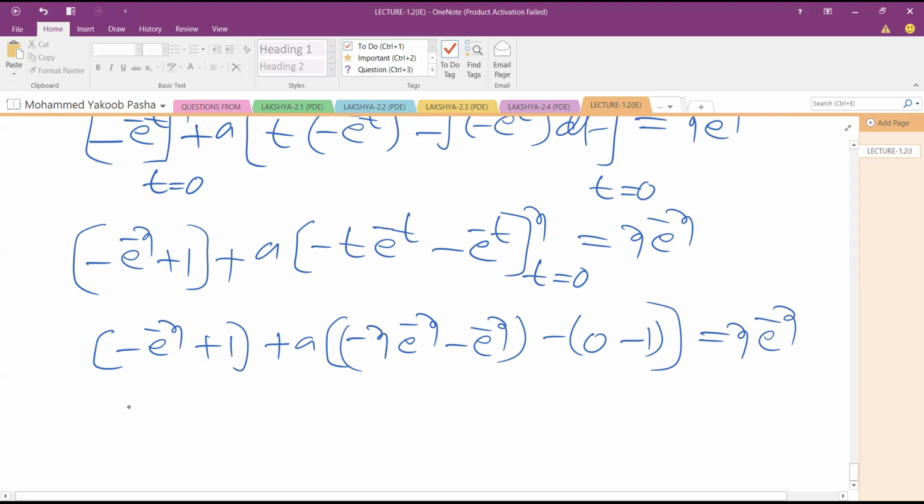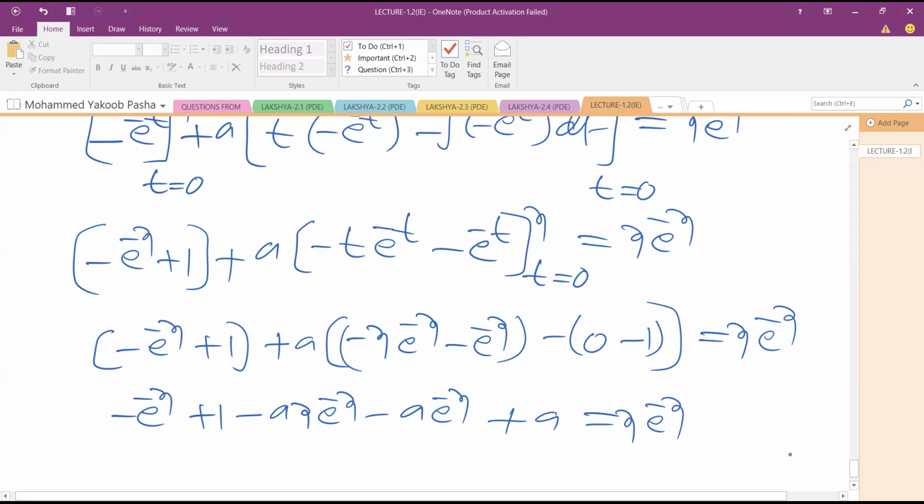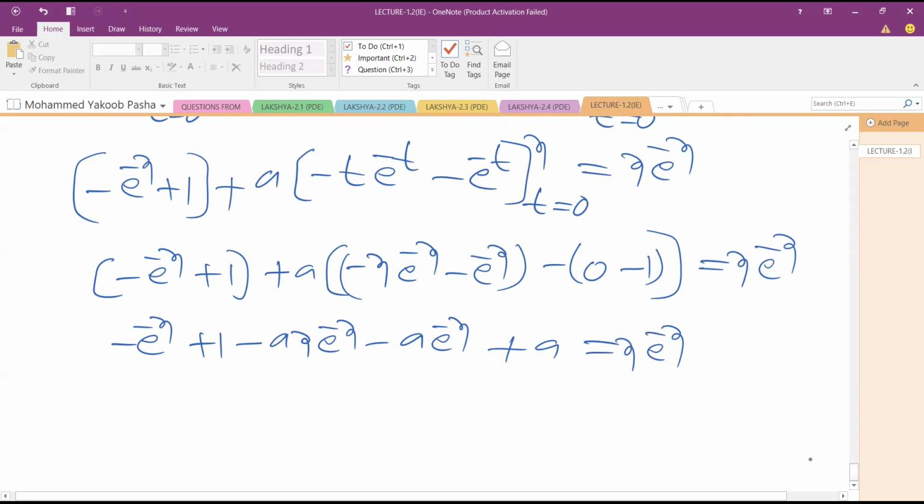So I'm rewriting this: e power minus x plus 1 minus a x e power minus x minus a e power minus x, minus into minus becomes plus a. Here a is there. That is equal to x into e power minus x. You may equate the constant terms. You may equate the x into e power minus x term.